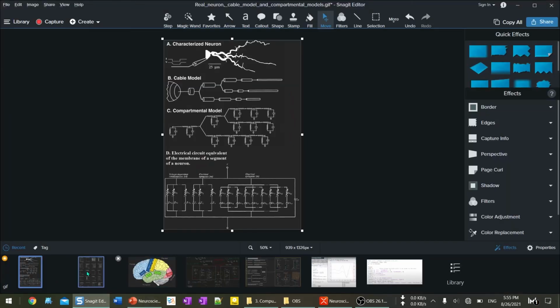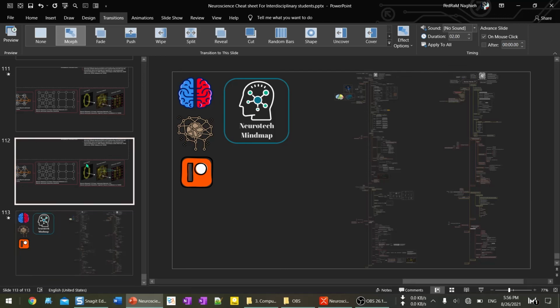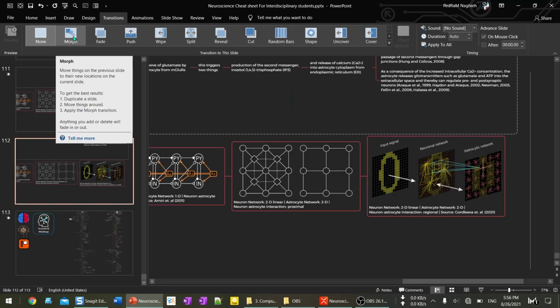For example, right click and copy them from here. After you copy them from here, if you paste them here, then they will be fine if you add any transition to them. So in order to make slides like this, you have to put the figure here and just zoom in like this and set the transition to Morph.